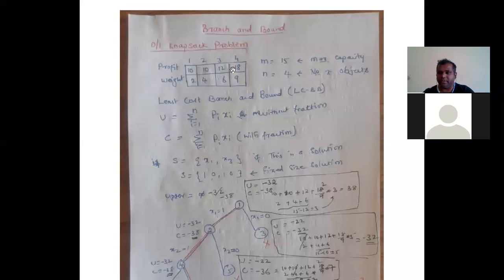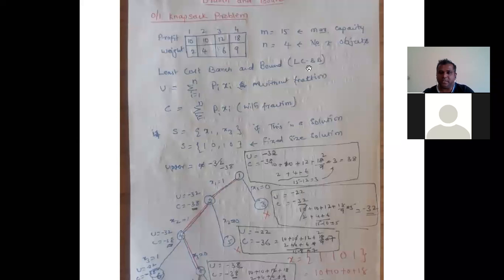The 4 object weights are 2, 4, 6, 9. Least cost branch and bound using minimization technique: convert the optimization problem into minimization, then find the optimal solution.